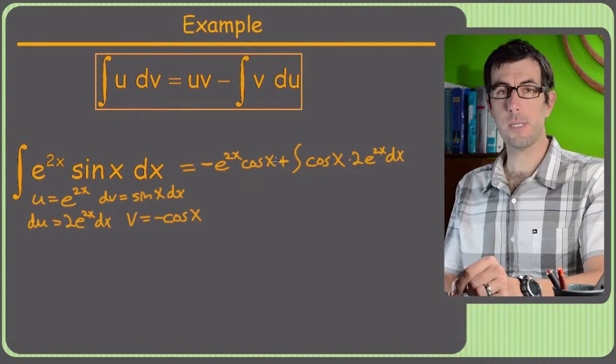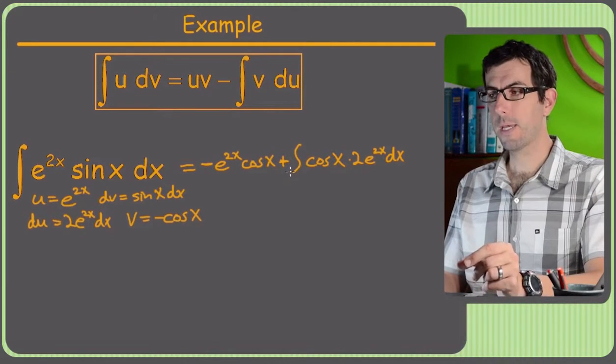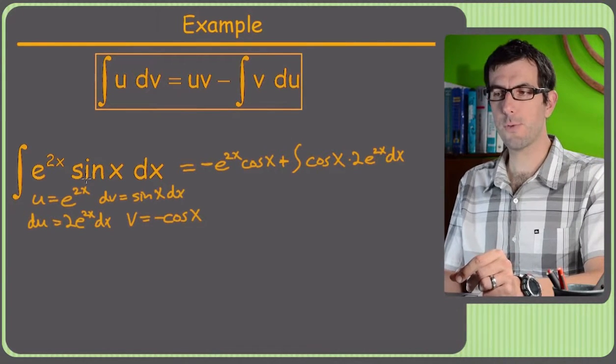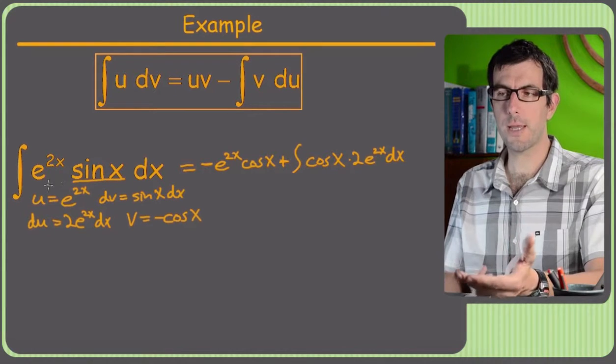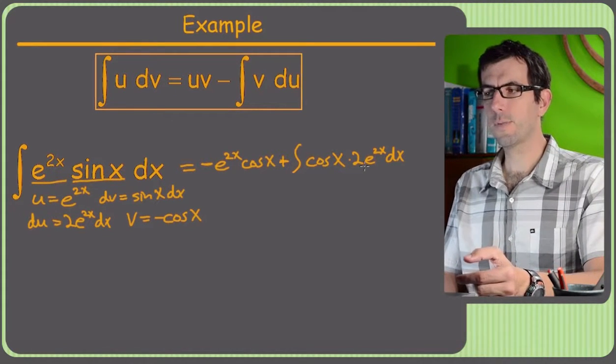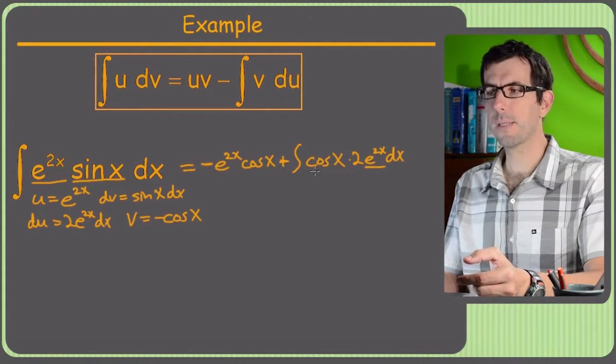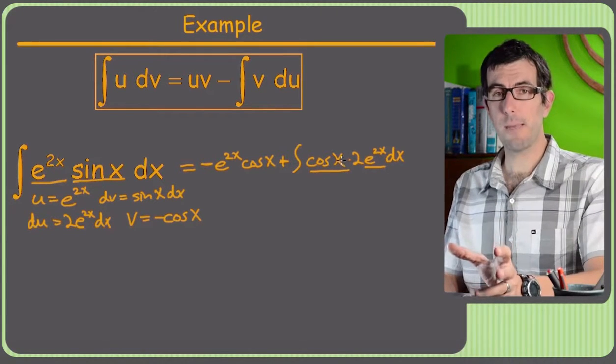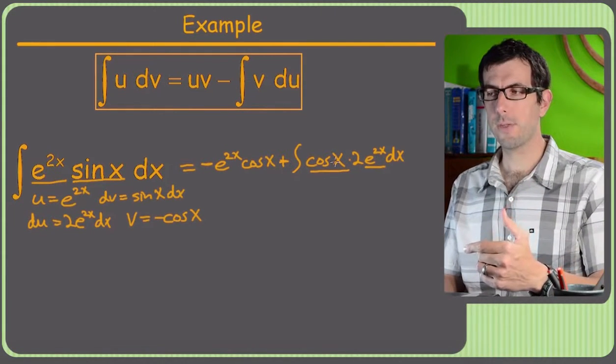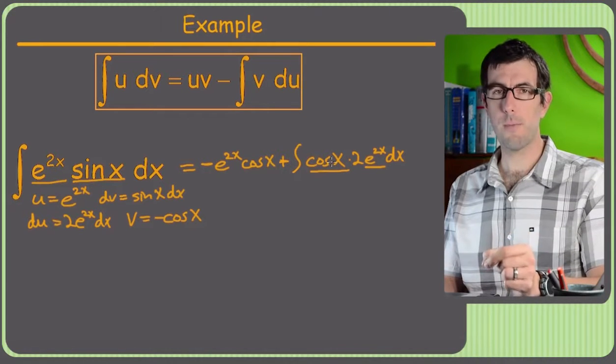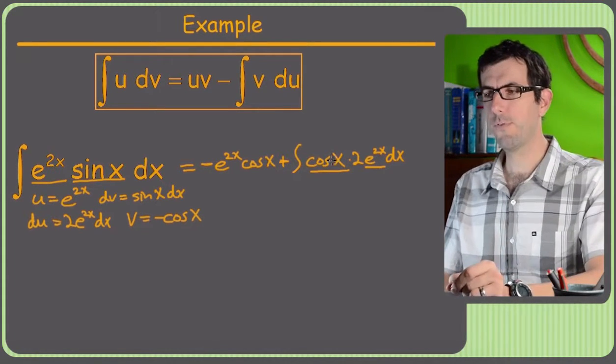All right, so as you can see, we still have, just like in the original, where we had a trig function times an e to the something, e to the something times a trig function. So we didn't actually make any progress, and it might look like we're spinning our wheels. But it turns out if we do integration by parts one more time, everything will come full circle.